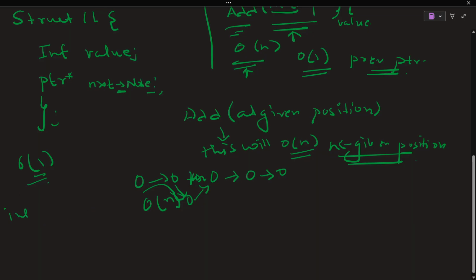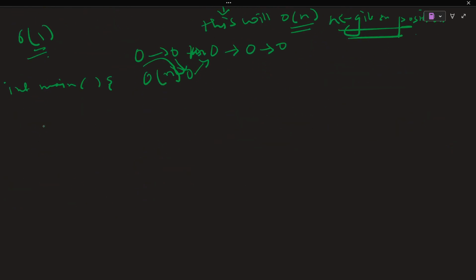Let's say there was an int over here, and then the user wants to create a linked list. Pointer head is equal to null pointer, and then head dot next would be equal to the node with the value and null pointer.